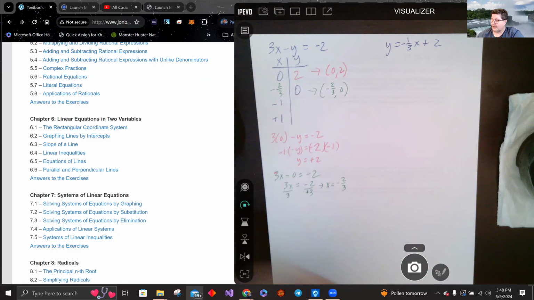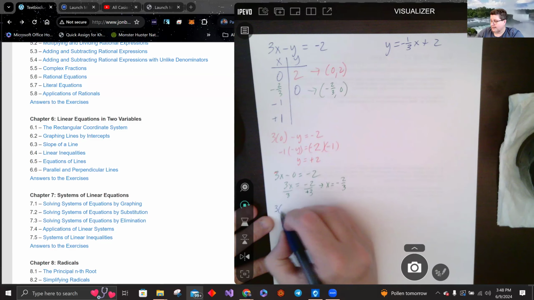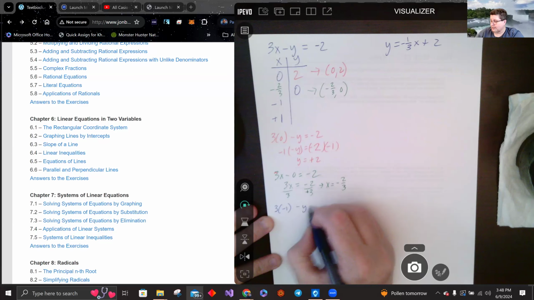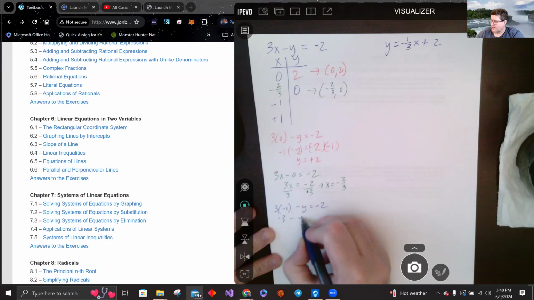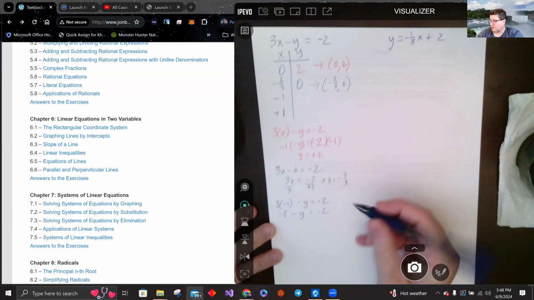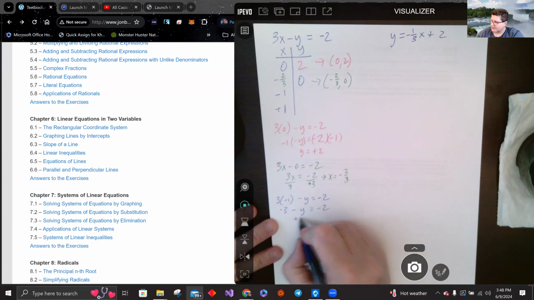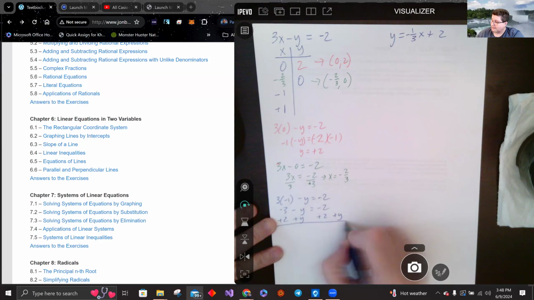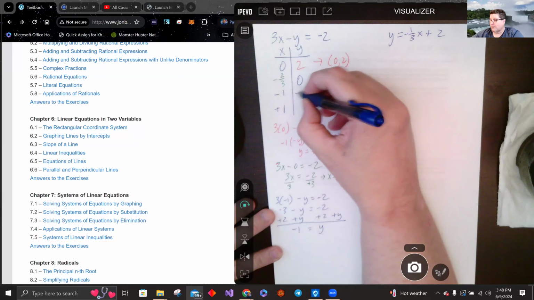If I stick in x equals -1, 3 times -1 minus y equals -2. -3 minus y equals -2. This is actually quicker if I add y to both sides and add 2 to both sides. I get -1 on the left and y on the right, so y equals -1.